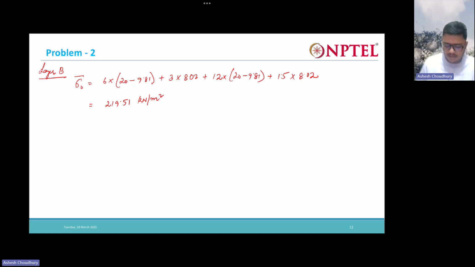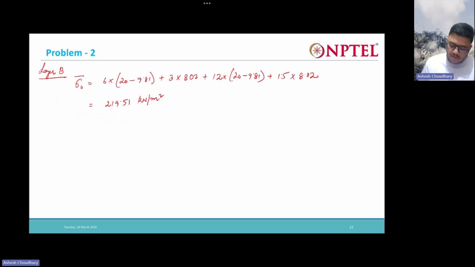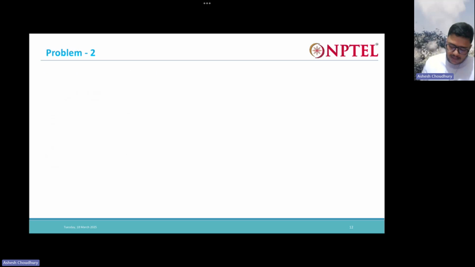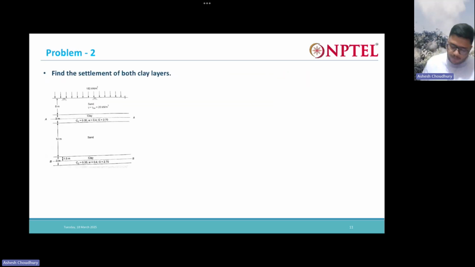Right, understood, right? So 6 into 9.81 same, then we have 3 into the first clay layer, then we have the 12-meter sand layer, so 12 into 29.8 plus 1.5 times this bottom clay layer, right?